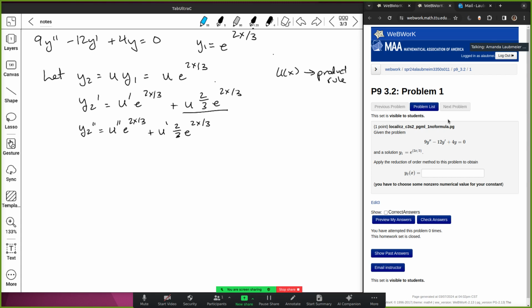And then turning to the second term, I might take the derivative of u and get u prime 2/3 e to 2x over 3 unchanged, or leave u as it is, take another derivative of that exponential, like that. And so simplifying all of this, I'm going to have u double prime e to 2x over 3 plus 2 of these gives me u prime e to 2x over 3 times 4/3.